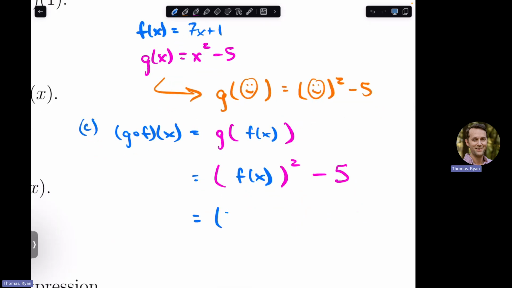Well, f is 7x plus 1. So that's 7x plus 1 squared as a quantity, minus 5. Now I've gone from the abstract thing to a concrete algebraic expression that we can start to simplify. Is everybody okay with how I did the composition? It's g of f, so it's going to look like g, but made up of f. That's what this says.